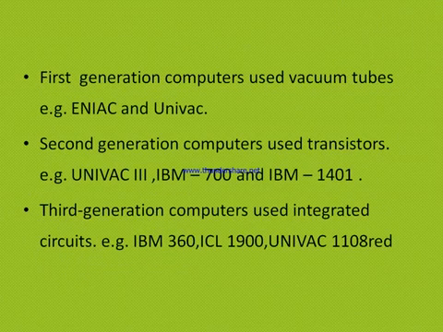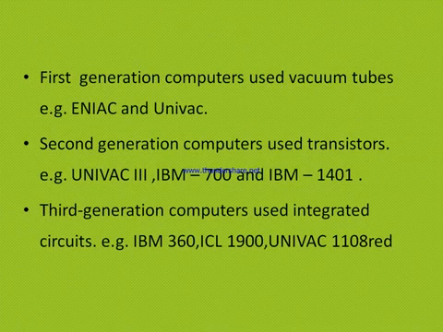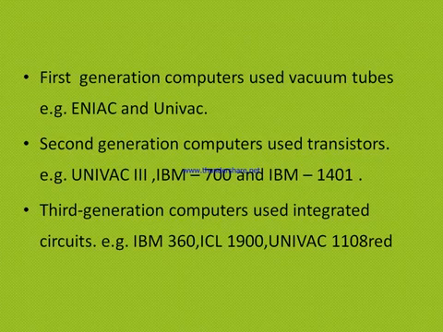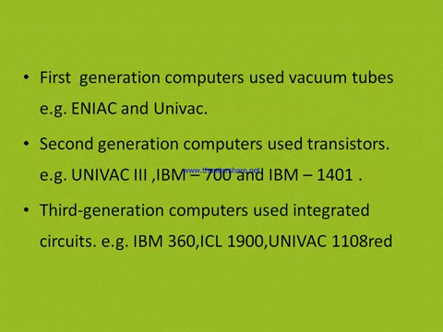First generation computers used vacuum tubes, for example, ENIAC and UNIVAC. Second generation computers used transistors, for example, UNIVAC 3, IBM 700, and IBM 1401. Third generation computers used integrated circuits, for example, IBM 360, ICL 1900, UNIVAC 1108 Red.